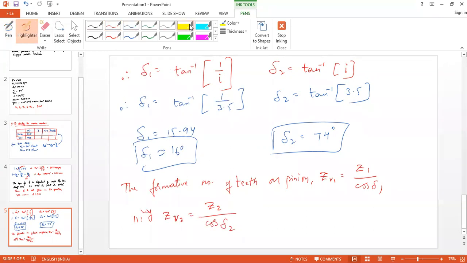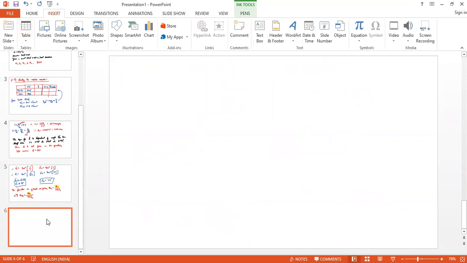But what is the value of Z1 and Z2? Not given, sir. Again, Z1 and Z2 are not given, but here we will make an assumption.